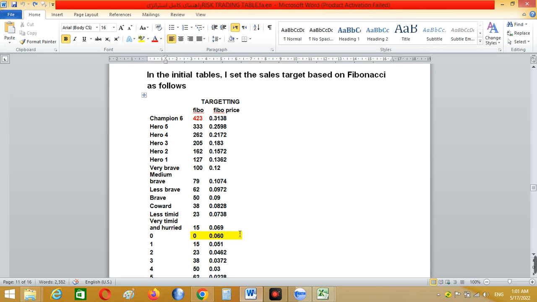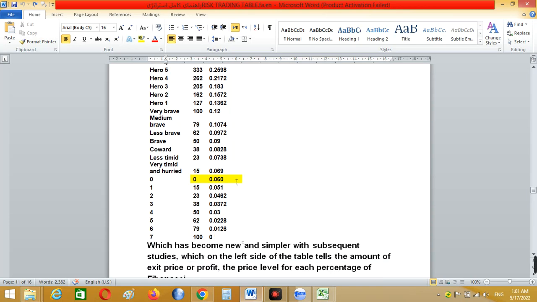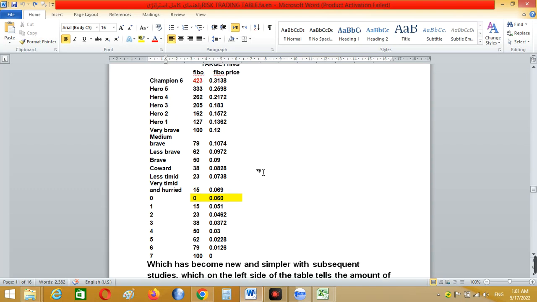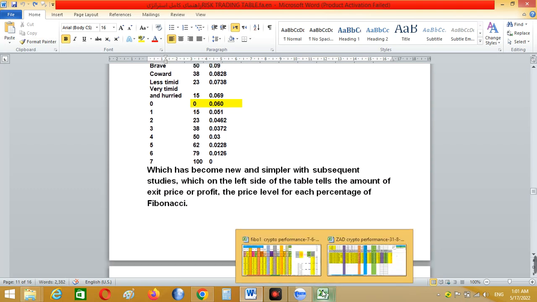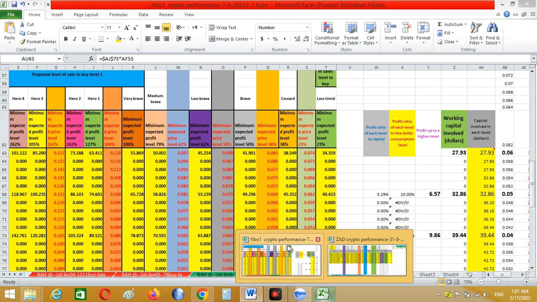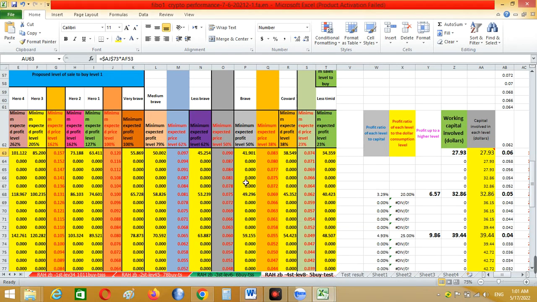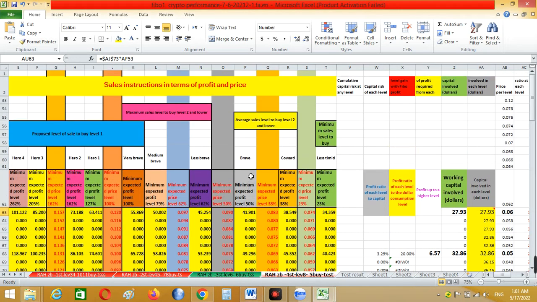And if you come up to 50%, it means that your price comes to 0.09. It means that you are brave. We make this definition more simple. Just in your table, on the left of your table, we define this definition, sales instruction.